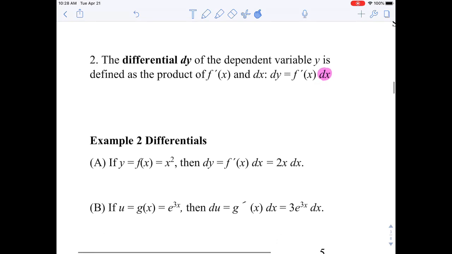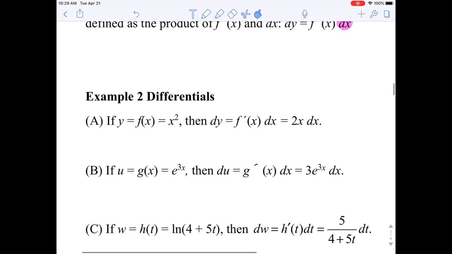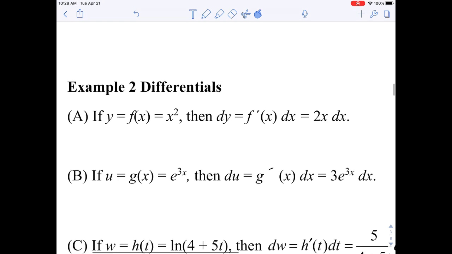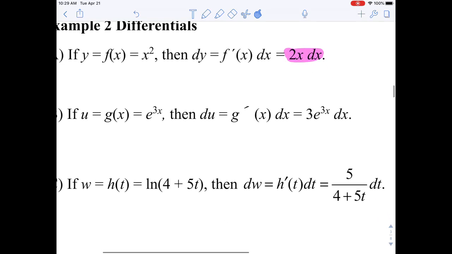So looking at some examples, the differential of x squared is 2x dx. Differential of e to the 3x is 3e to the 3x dx. Don't forget you have to take the derivative of that exponent.